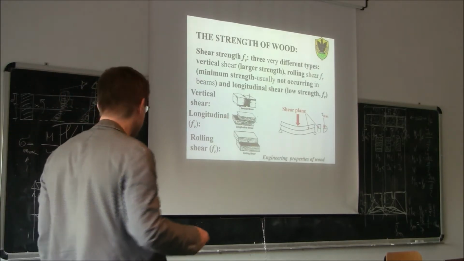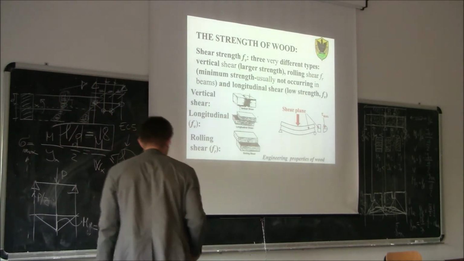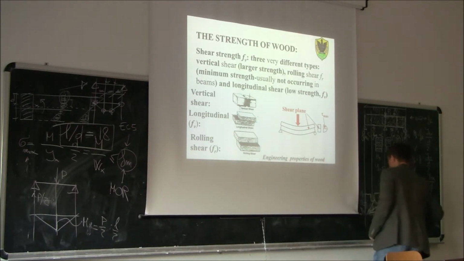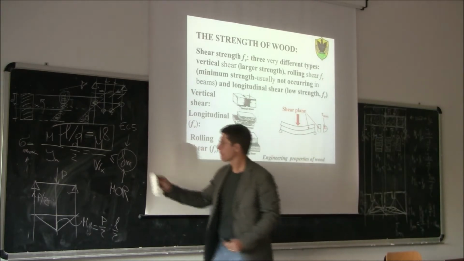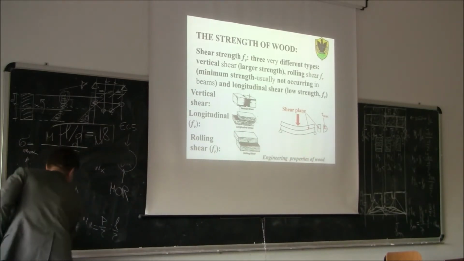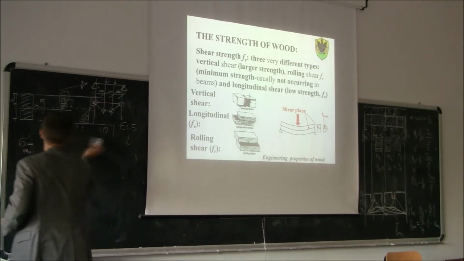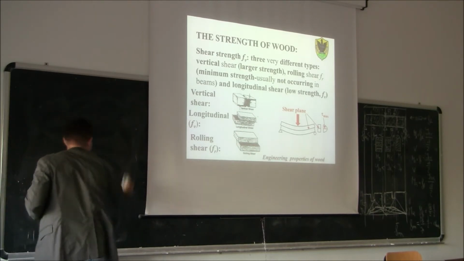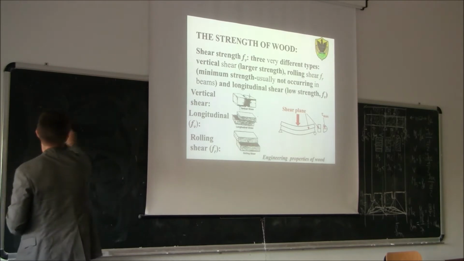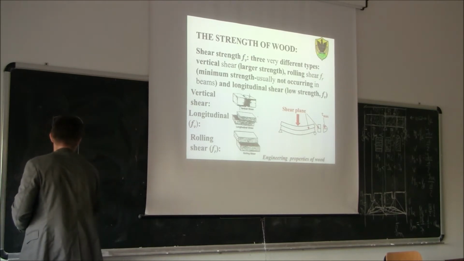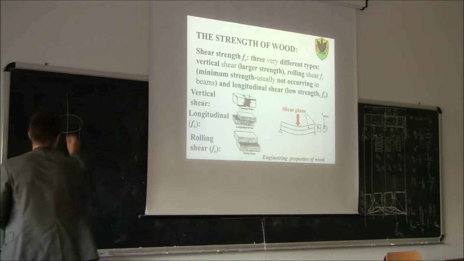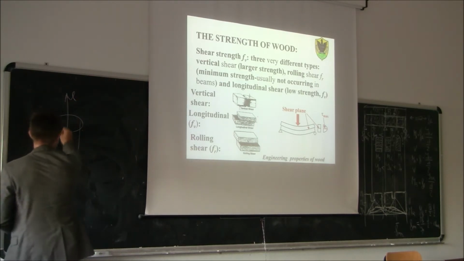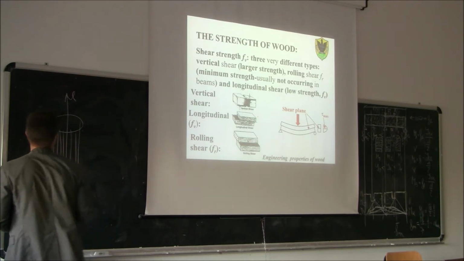If you remember, probably from last Monday, you learned that in our trunk, if this is our trunk, we have two different directions. If this is our trunk, you remember that there is one direction which is called longitudinal. So this is the direction parallel to the fiber.